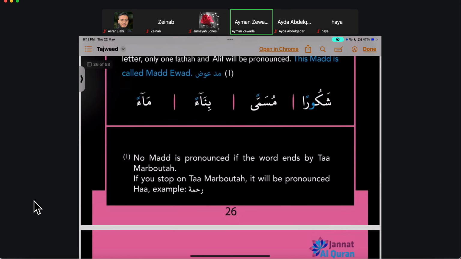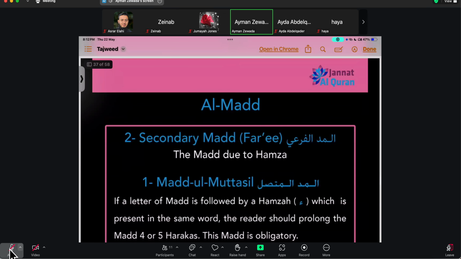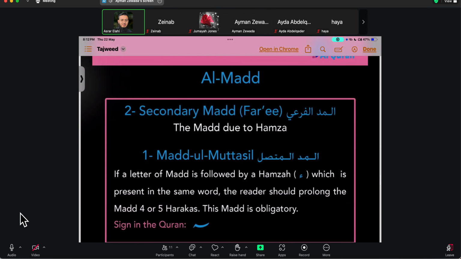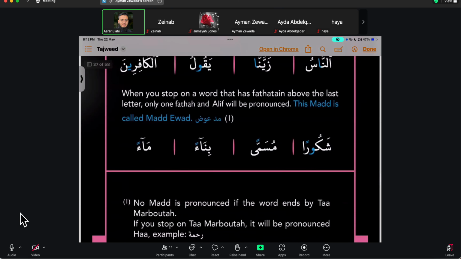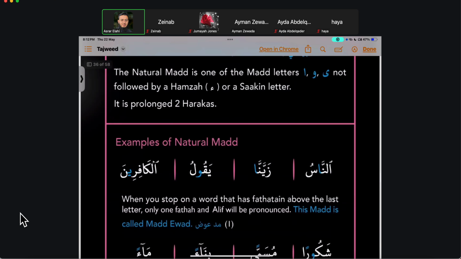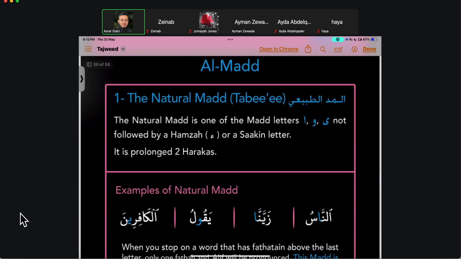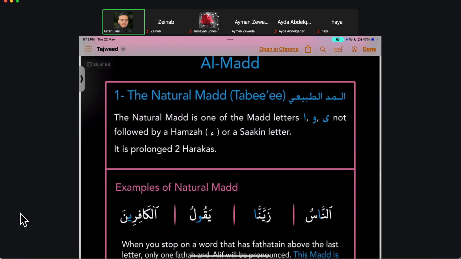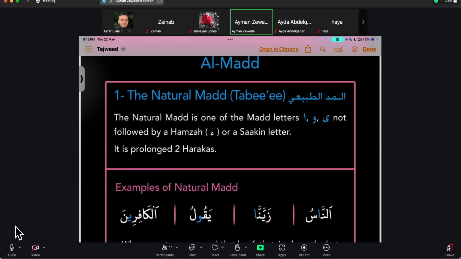All right, please, anyone, feel free to stop me if I'm going too fast. Just wanted to confirm, so with these mad tabi'i it's like two harakat long. So in bina, it'll be like a one haraka? So the hamza does not have a natural mad.